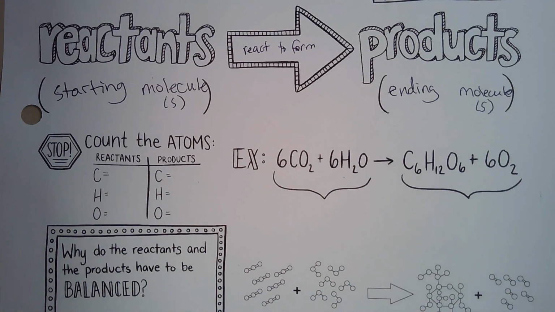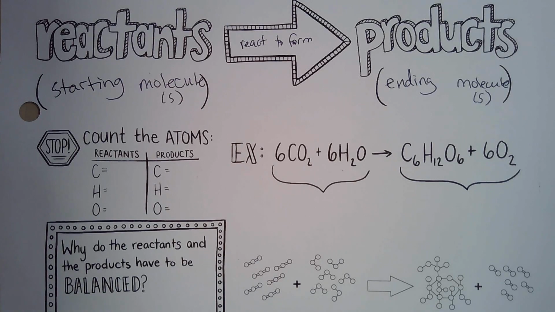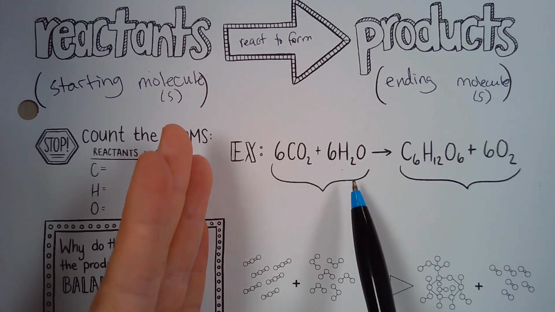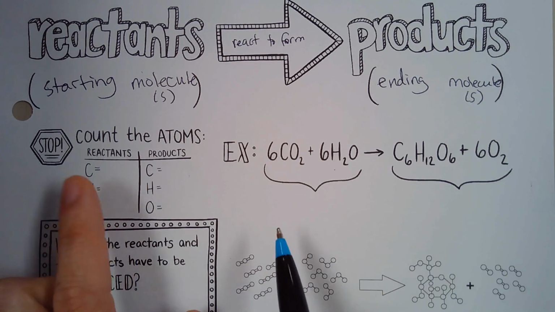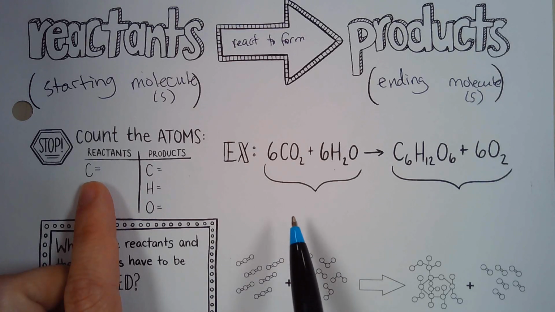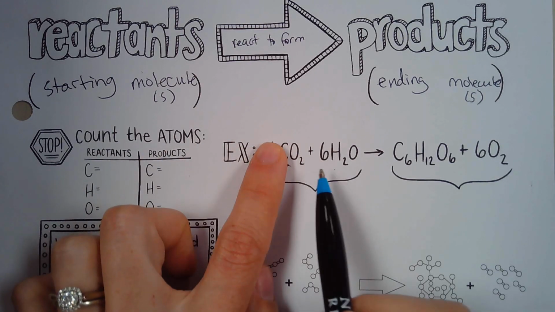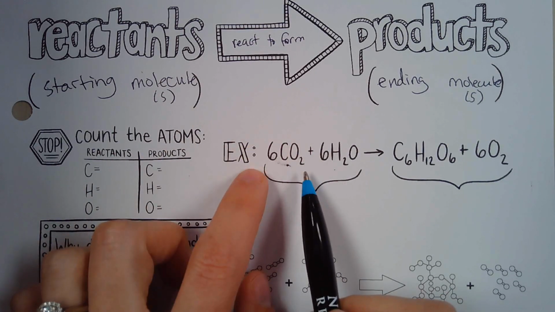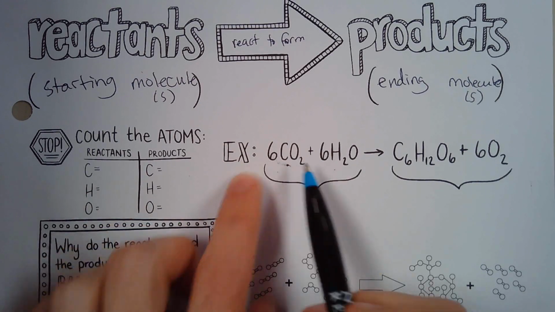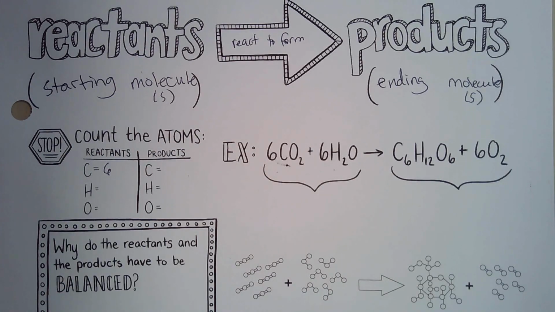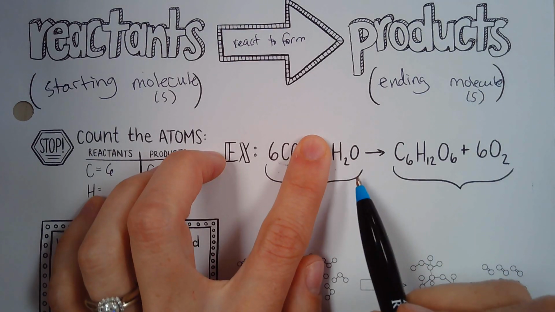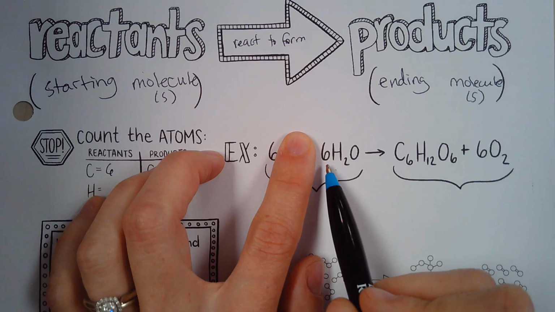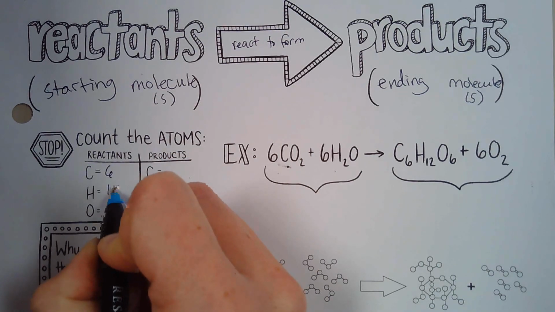These are the products. One thing I think students should do is figure out how many atoms you have on each side. If you remember from our practice the other day, how many carbons are in our reactants? There's 1 in one molecule of carbon dioxide, but if we have 6 of them, then there are 6 carbons. Hydrogens, there are 2 in one water molecule, but we have 6 water molecules, so 6 times 2 is 12.